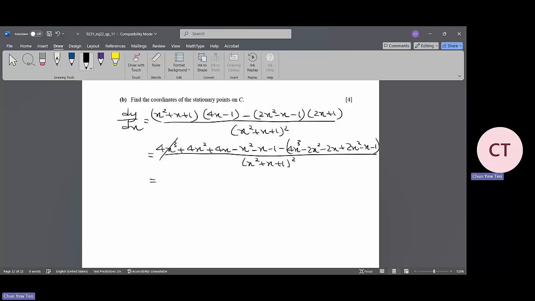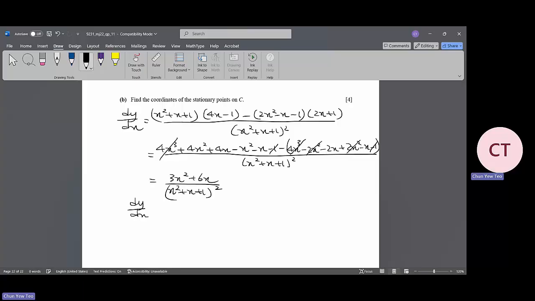Simplify it, this one can cancel, it also cancels. So you get 3x squared plus 6x, over x squared plus x plus 1 squared.